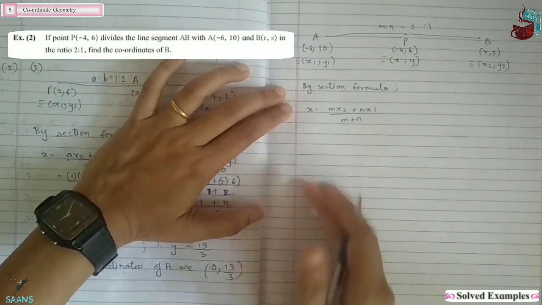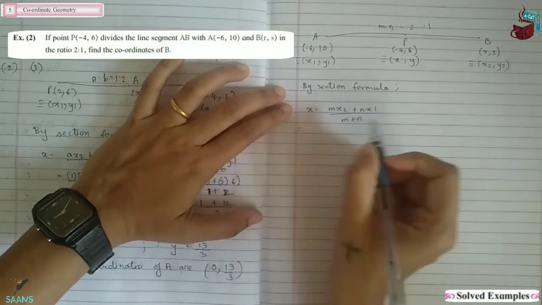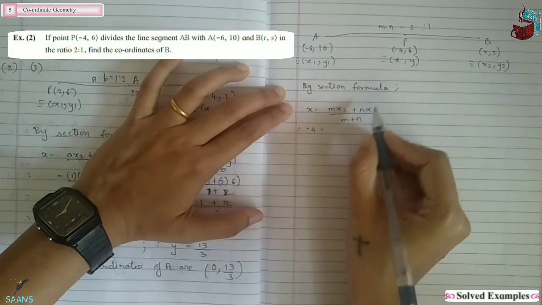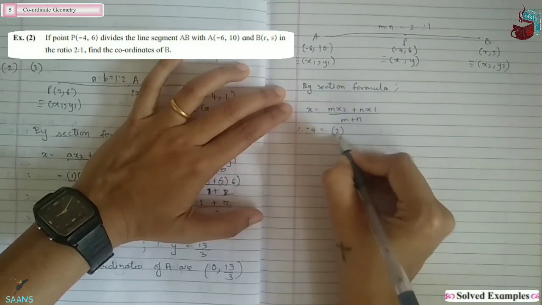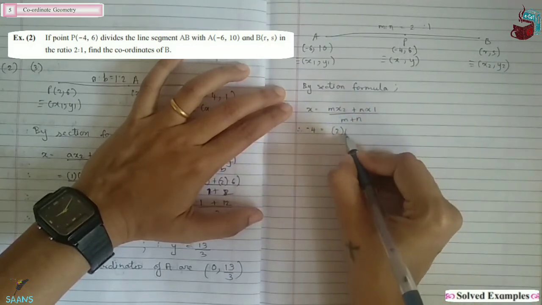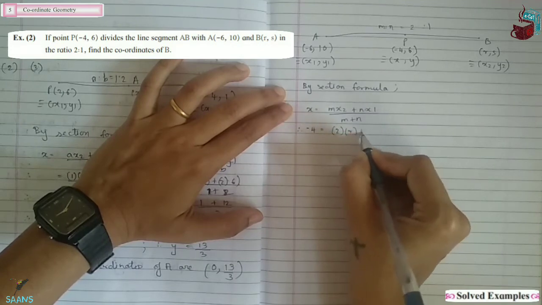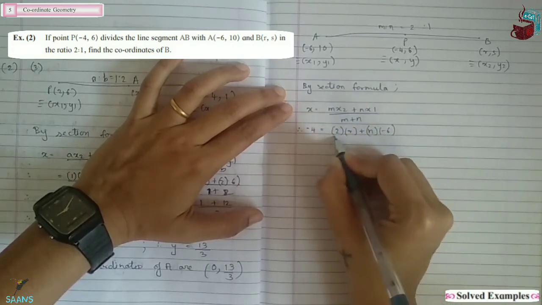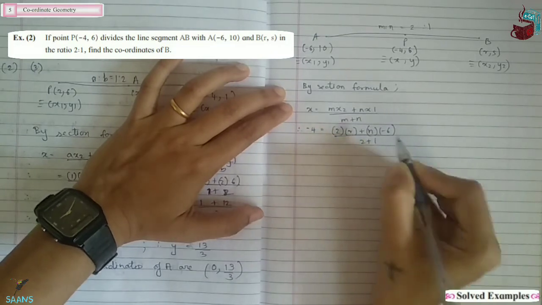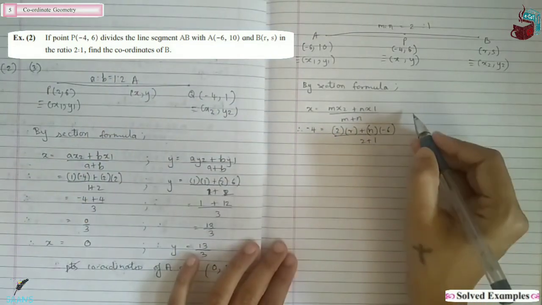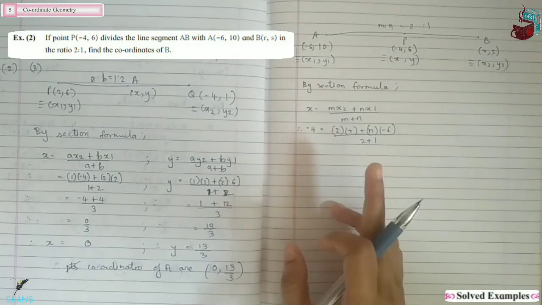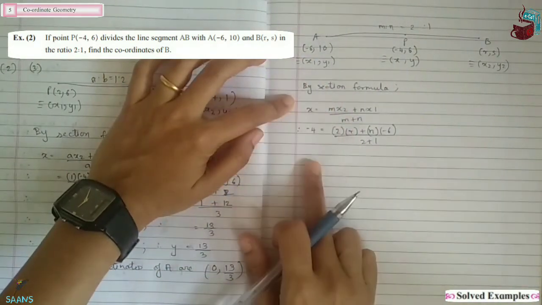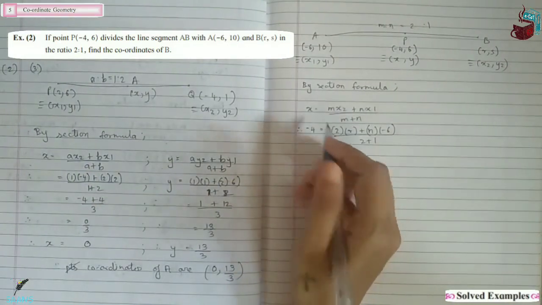So we already know this; just substitute the values. x is -4, equals m is 2 into x2, which is r, plus n, x1 is -6, upon 2 plus 1. Each will help you get one value. It's easy. Just put in whatever value is given and you get the answer.